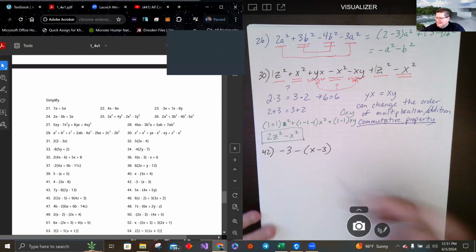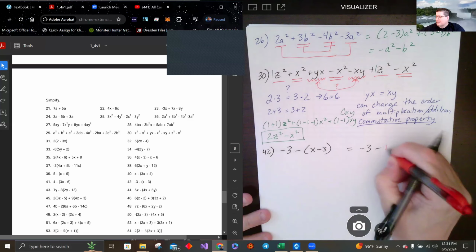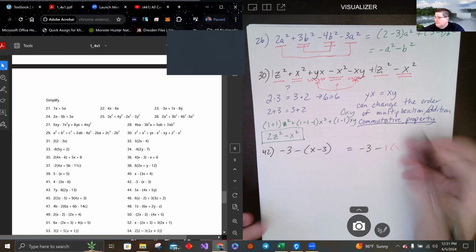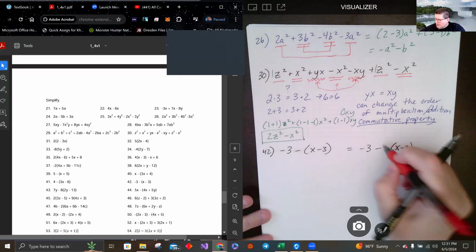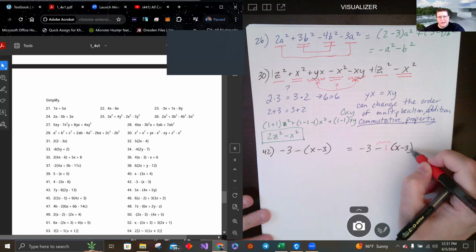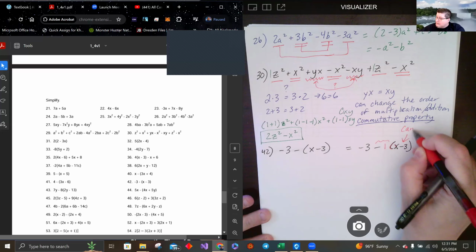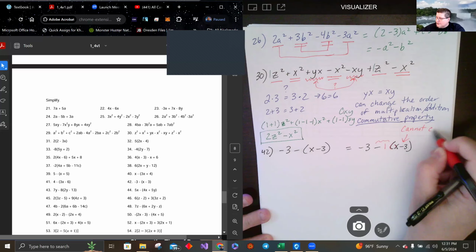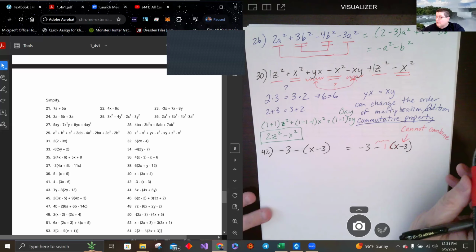This is kind of like minus 1 times x minus 3. I can't combine x and negative 3 because I don't know the value of x. These cannot combine. I see students do this all the time, say that's negative 3x. It's not. Don't do that.